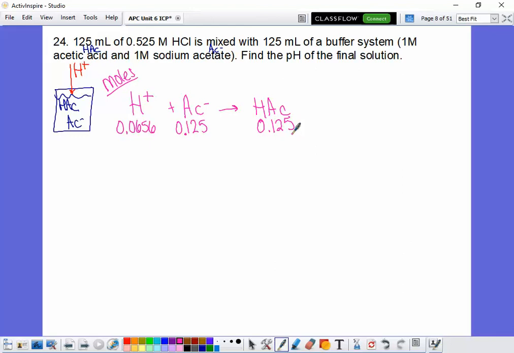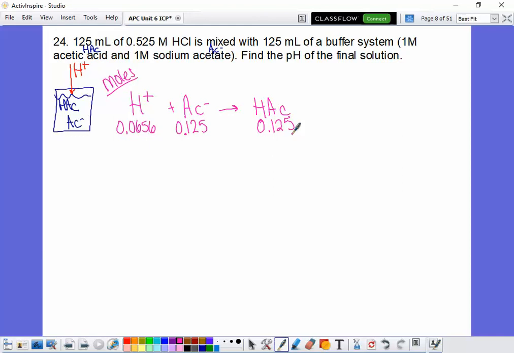All right. So this is a stoichiometry problem. So we know that the reaction is proceeding to the right. So we know that the amounts of my reactants are going to decrease and my products are going to increase. And it's going to occur completely. We're going to have none of my limiting reactant left over. Which one is my limiting reactant? H plus.